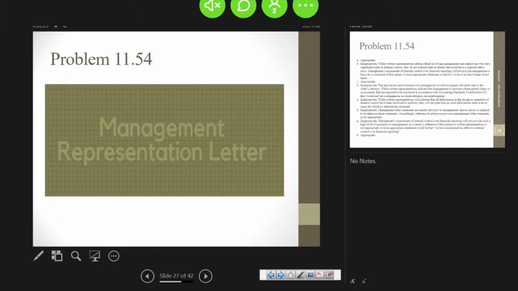You should refer to exhibit 11.3 as you read through those statements. Exhibit 11.3 on page 511 is the management representation letter, an example.